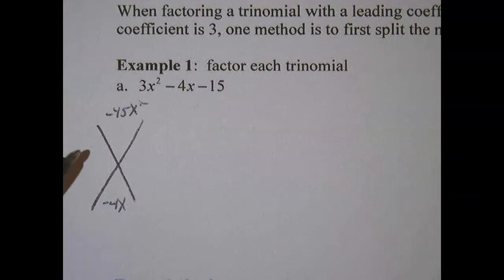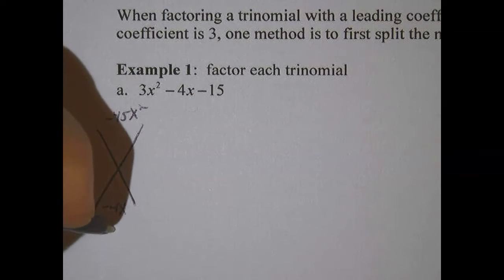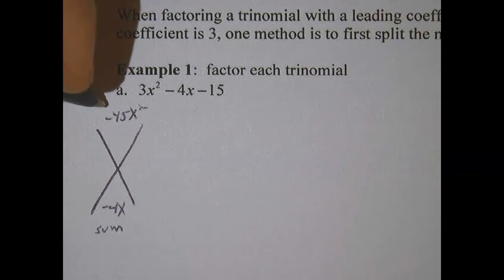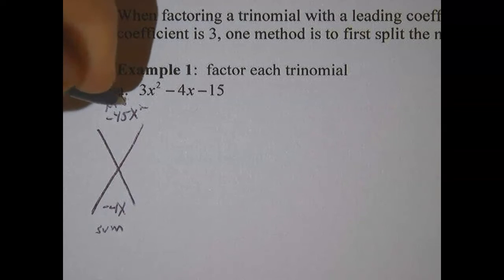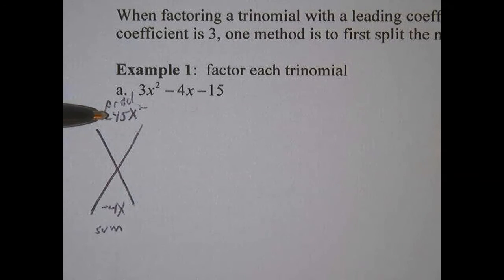All right, now that we have these two pieces, we're going to look for something that has a sum of -4x and a product of -45x squared. We're going to do that by looking at the possible products of 45. So when you go through the possible products of 45, eventually you come to 5 times 9, or 9 times 5.